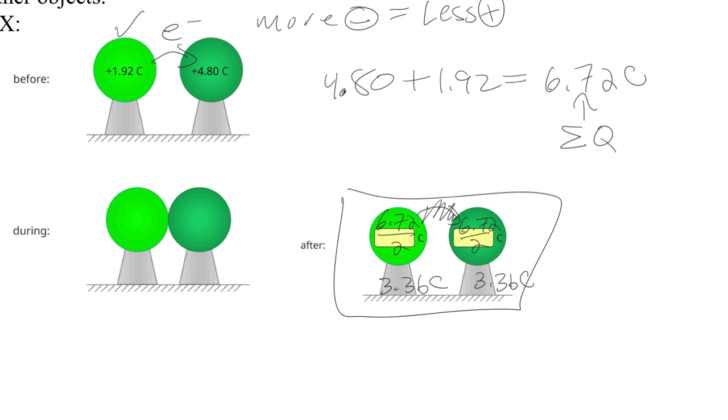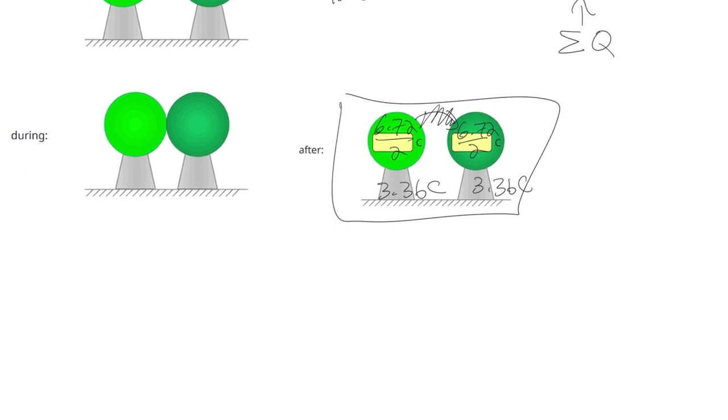The more positive one is the light green one. So electrons came from the less positive one, because they had more electrons, to the more positive one.